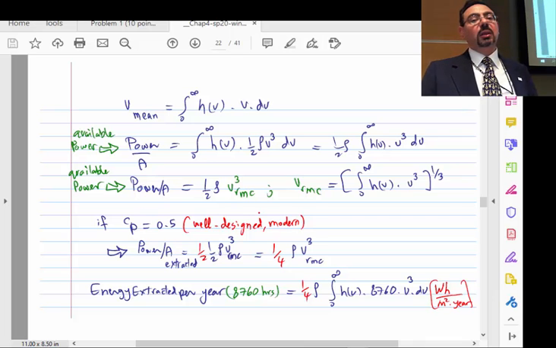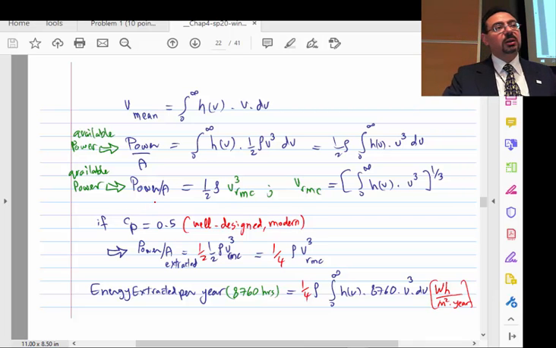So if I want to get the average power, it's not half rho V average cubed. This is different. This velocity is basically, he's telling you, you have to do this integration. And if you do this integration and take the cubic root, this would be called VRMC, right?